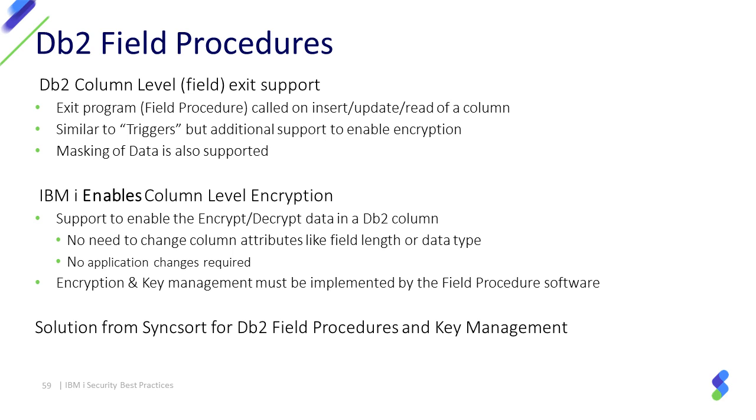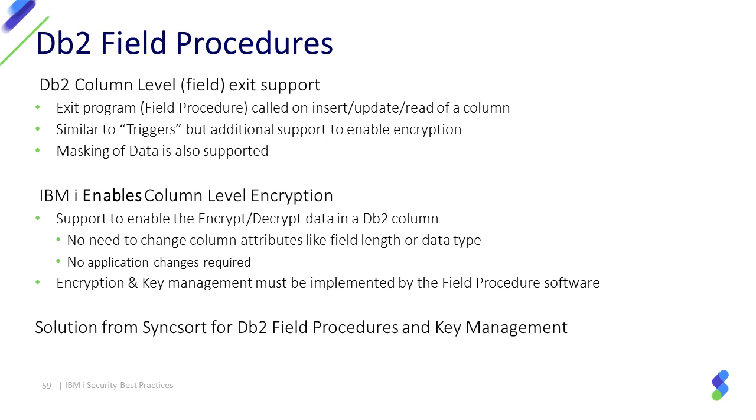So the way that this support works is that you can add a user-written or vendor-written program and associate that program with a DB2 column or a field in your database file. And as the rows of that database file are read or written, the DB2 field procedure program gets control and is able to either encrypt or decrypt the data, depending on the direction you're going.